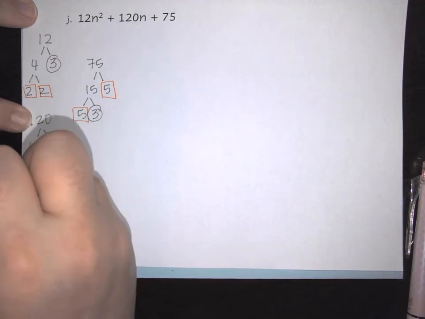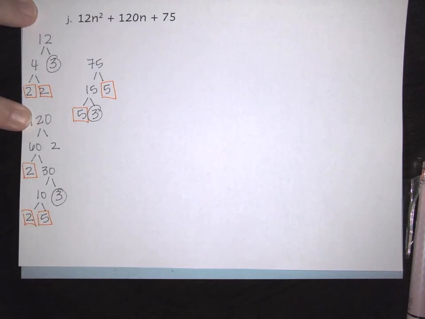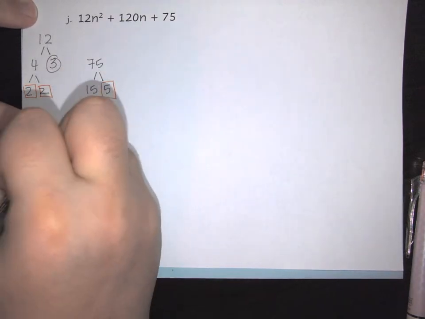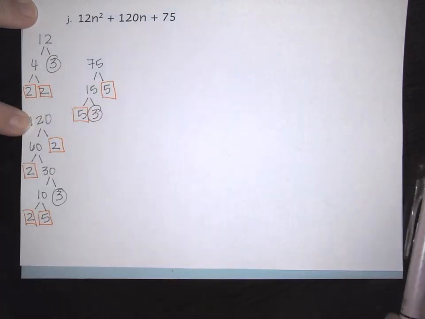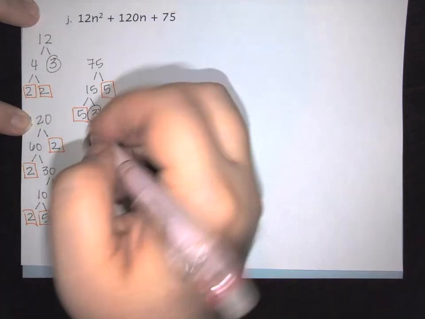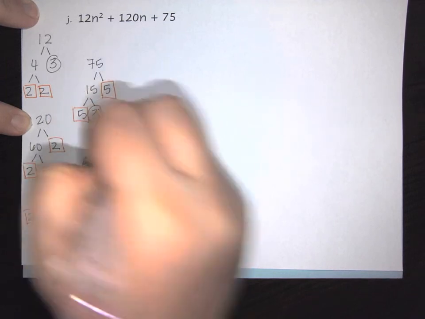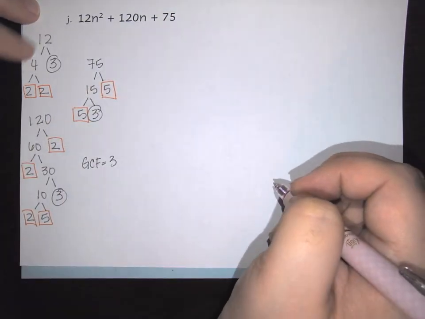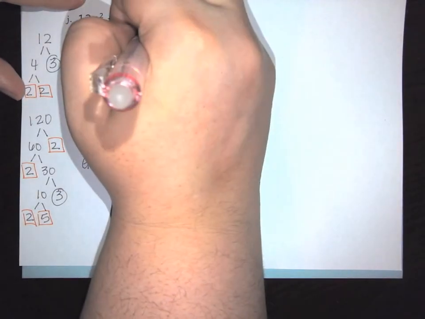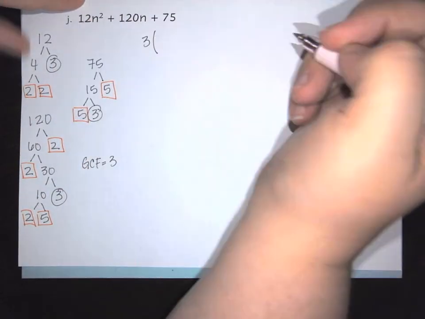I also have another 2. And a final 2. So here, my GCF is going to be 3. So I need to pull that 3 out.